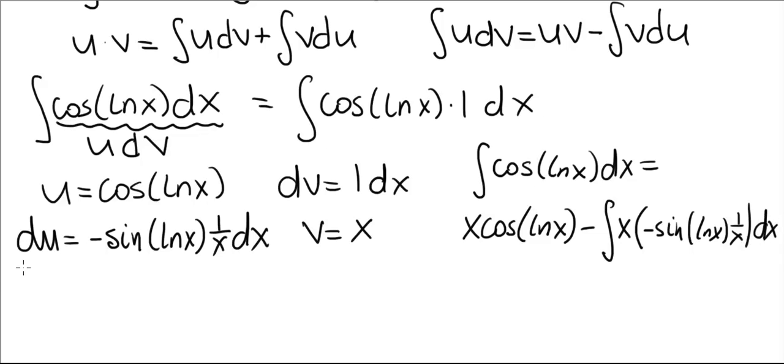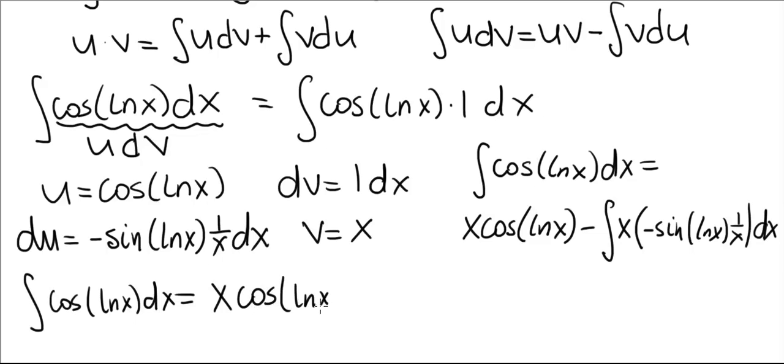So let's simplify this. So we have the integral of cosine ln of x equals x cosine ln x, minus a minus is plus, x and 1 over x cancel, so this is the integral of sine of ln of x.